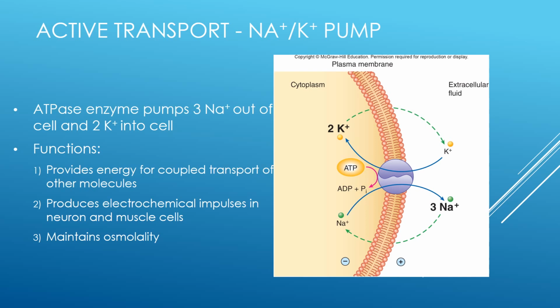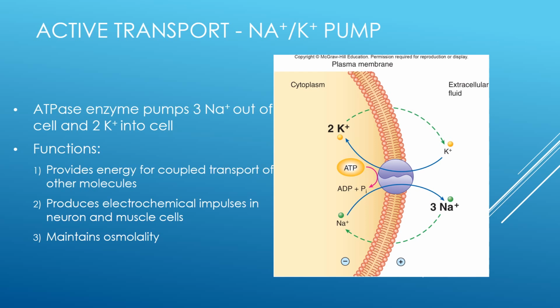A great example of primary active transport is the sodium-potassium ATPase pump, which we'll see within neurons, but also within cardiac cells and in several other systems. This is found in all body cells, but serves a very important role, especially within the nervous system.